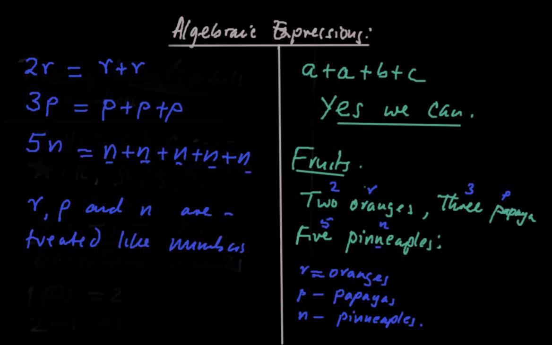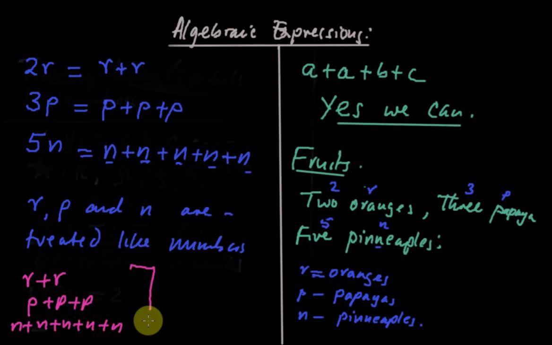And we say that R plus R, P plus another P, and N plus N plus N plus N, five times, these are called algebraic expressions.